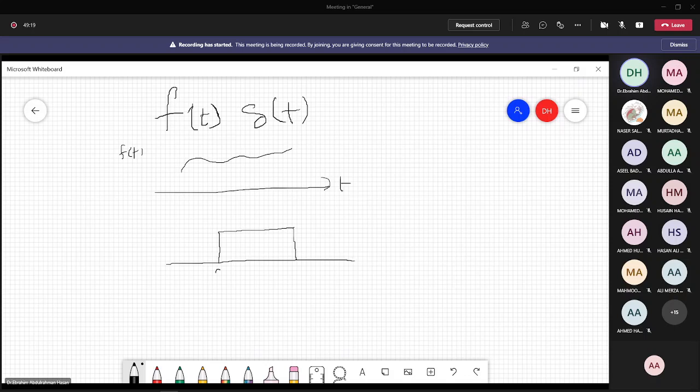Let's call this A and this is B. So multiplying these two together, before A, this is u of t minus A minus u of t minus B, as we agreed before.